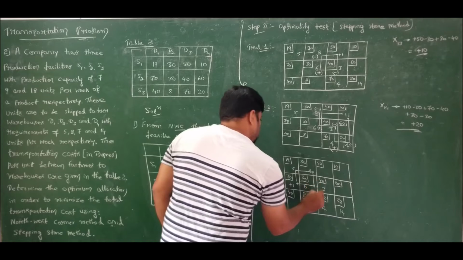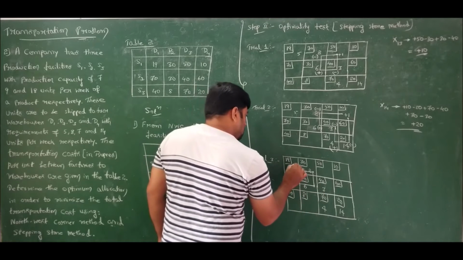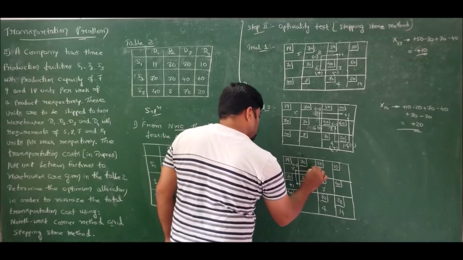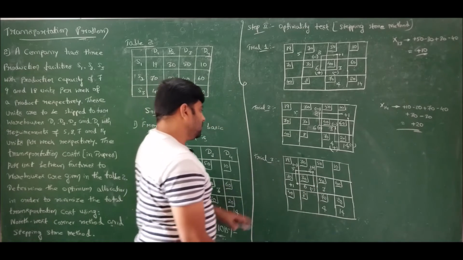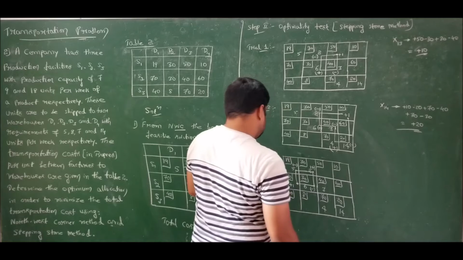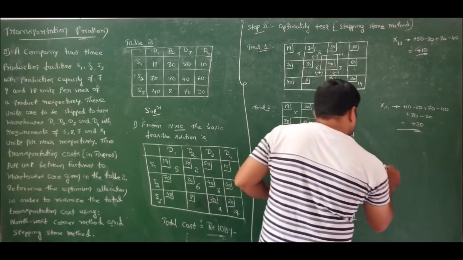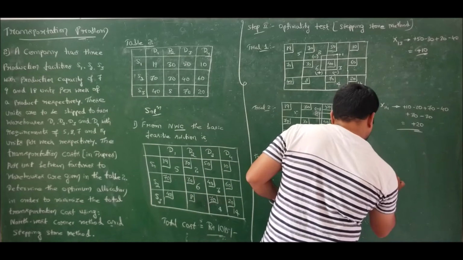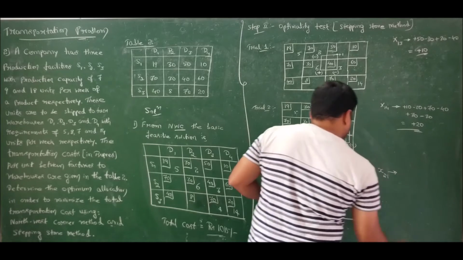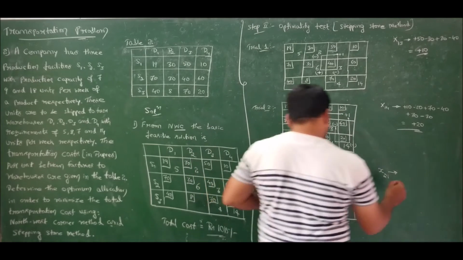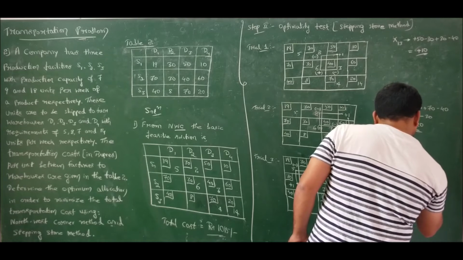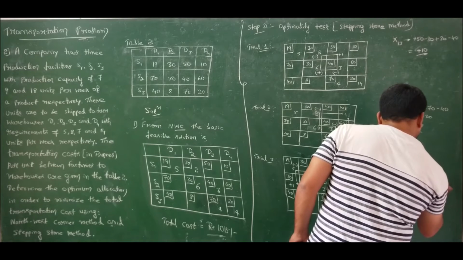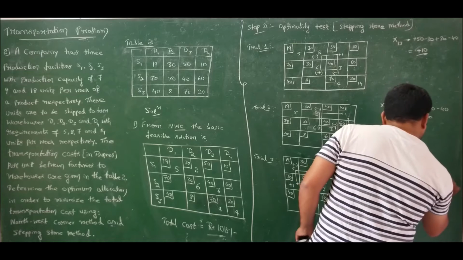So we have found the loop easily. Since we have plus here, alternately I should give minus, plus and minus, right? So if I go for x21, we have net increase or decrease in cost as plus 70 minus 19 plus 30 minus 30.